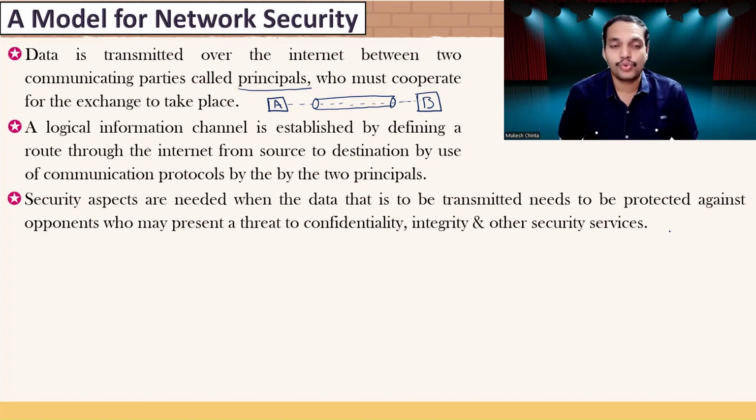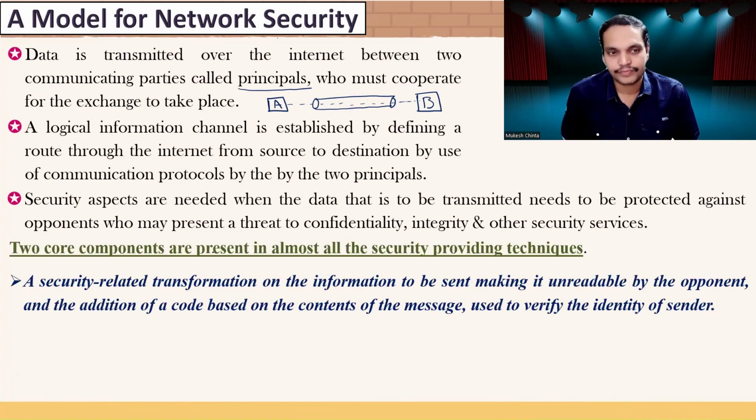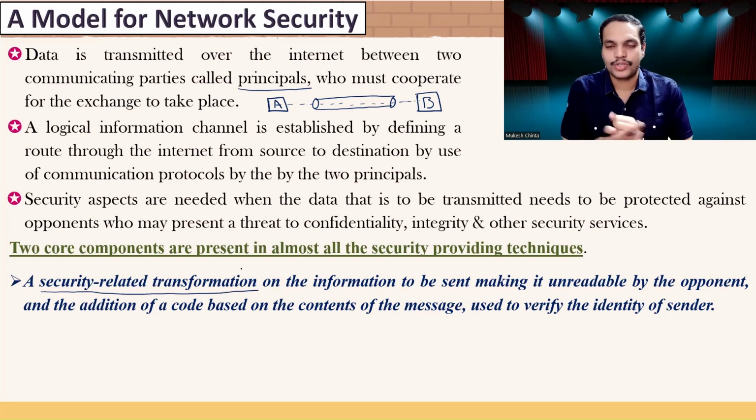For this, there are two most important actions that need to be taken care of. The two core components that are present in almost all the security providing techniques: the first one is a security related transformation. So what is the security related transformation? In the mechanisms we studied encipherment and also data integrity mechanisms, isn't it?